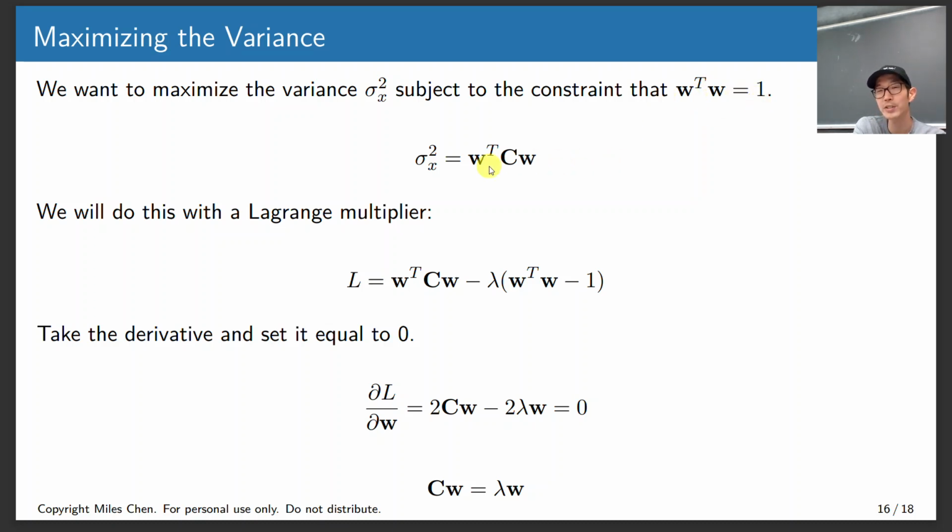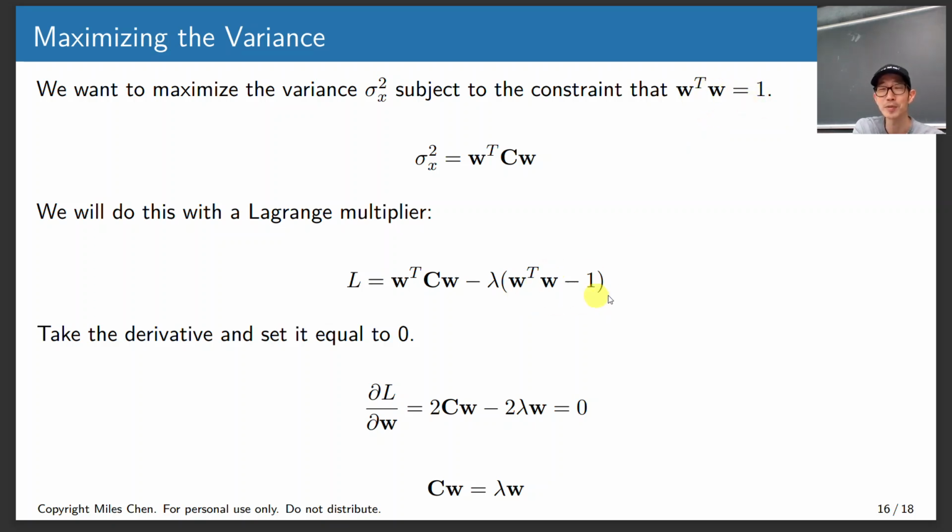Because otherwise, if I just said maximize this thing, I could pick my w's to be infinity, but that's not what we want. We want to figure out the w's with a length of 1 so that w transpose Cw is maximized. So with the Lagrange multiplier, we subtract off lambda times w transpose w minus 1.